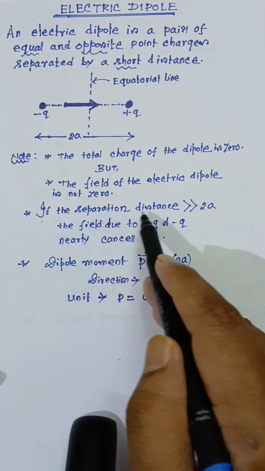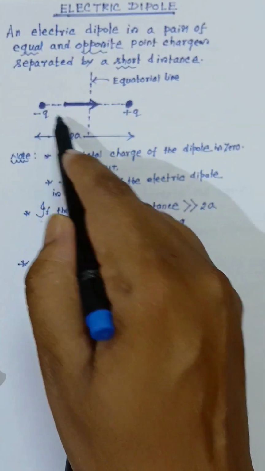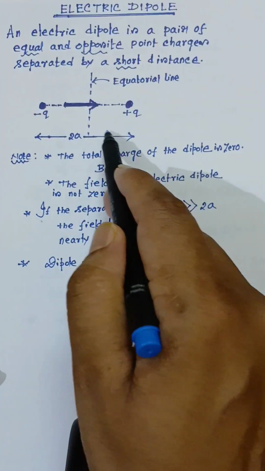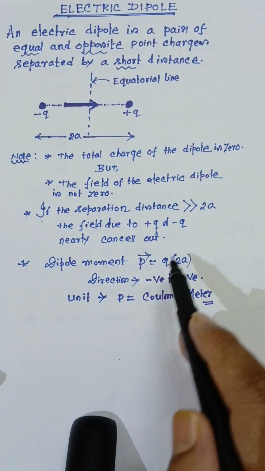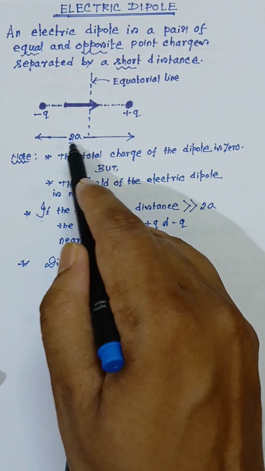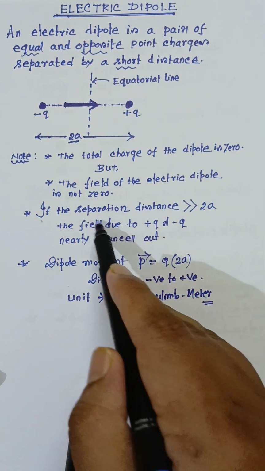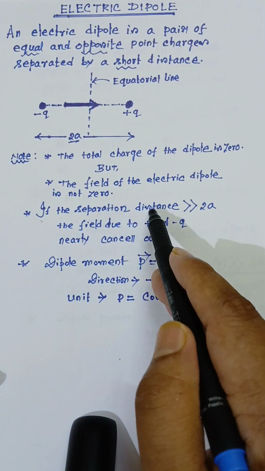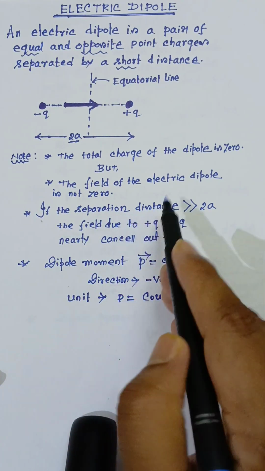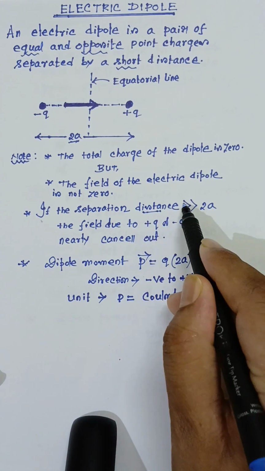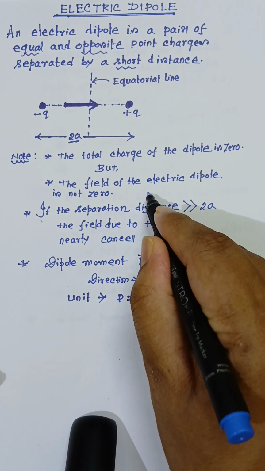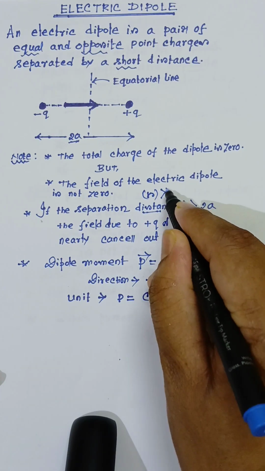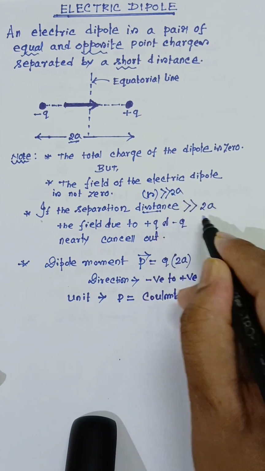Now, if the separation distance between the two point charges is 2a, and suppose we take a new separation distance r which is greater than 2a, then what will happen?